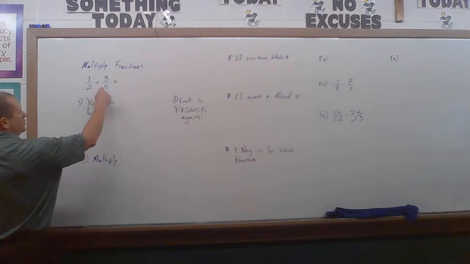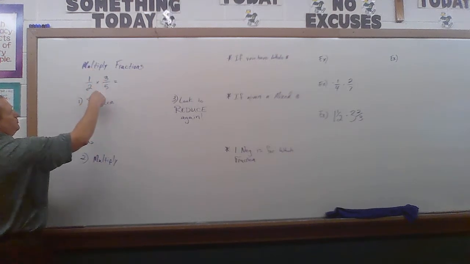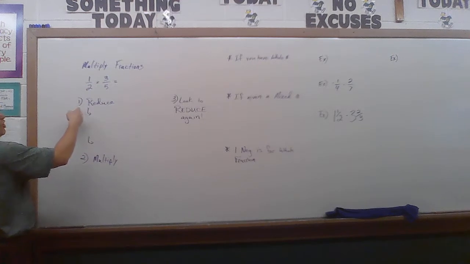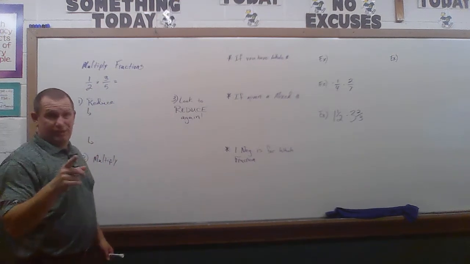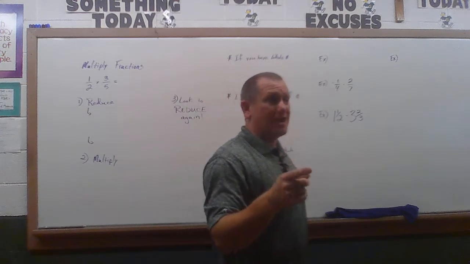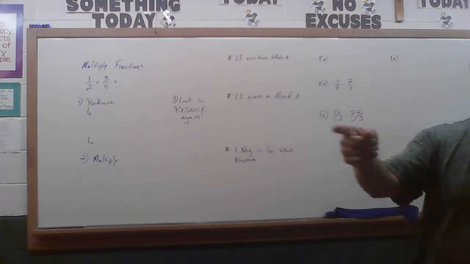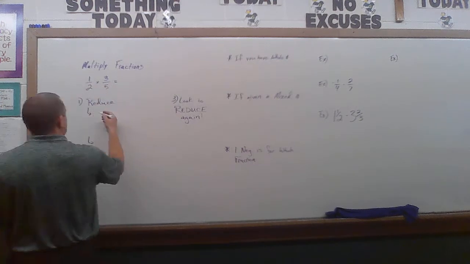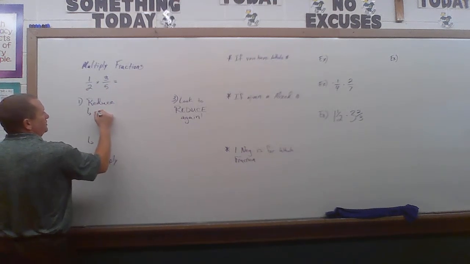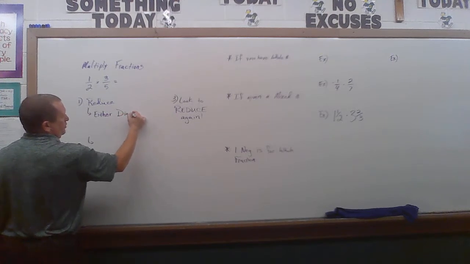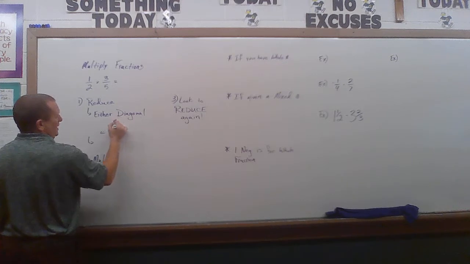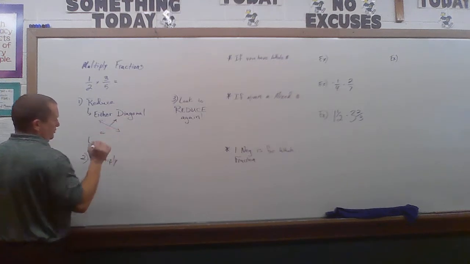First things first. When I'm going to multiply fractions, the first thing I can always do is try to reduce. What directions can I reduce in? Either diagonal, or what else? I'm looking diagonal. What's the other way?